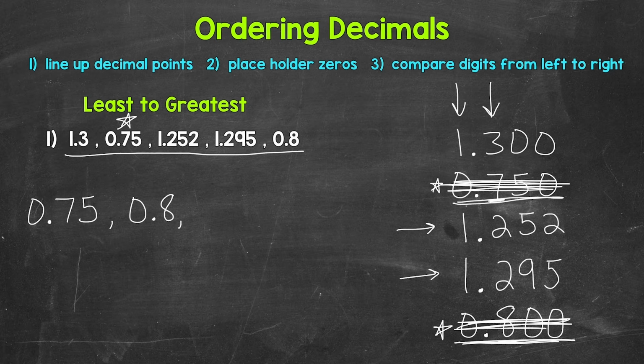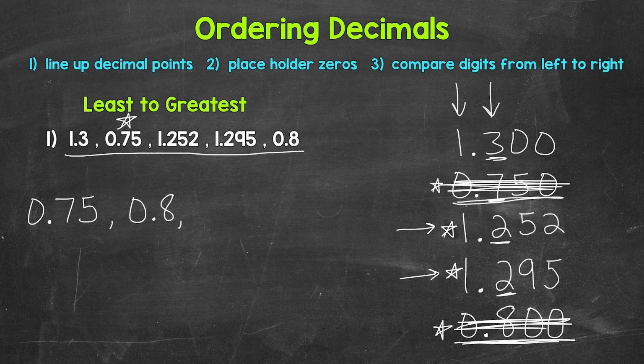Let's continue on. Looking at the ones place, we have all ones now. So we can move over to the tenths place. We have 3, 2, and 2. Those 2's are less than 3. So we have this narrowed down to these right here.